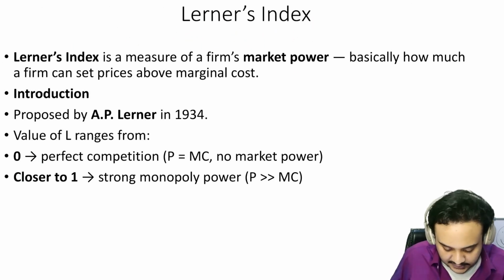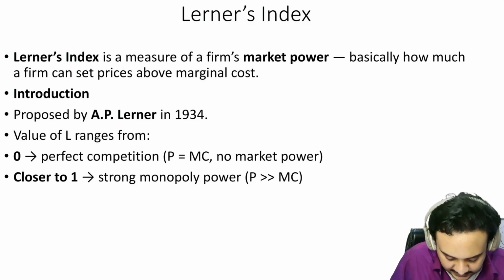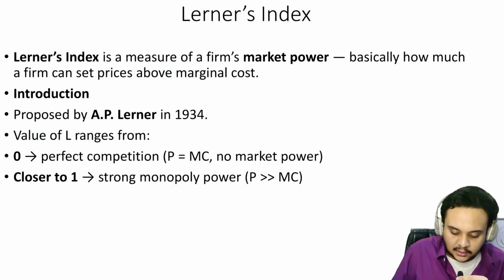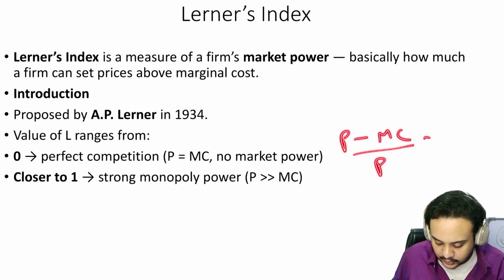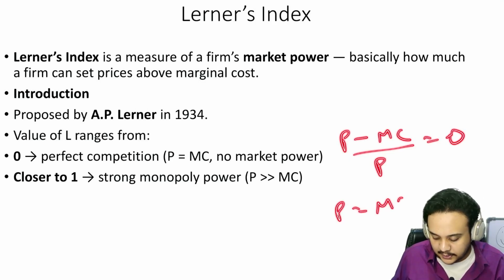Before that, let us see what the value of L can range from. It ranges from 0, where at the value of 0 it is perfect competition. How? We are saying when P minus MC upon P is equal to 0. This is only possible when P is equal to MC.